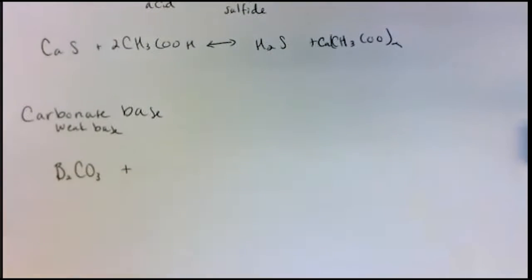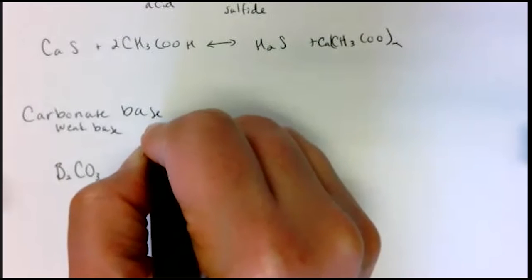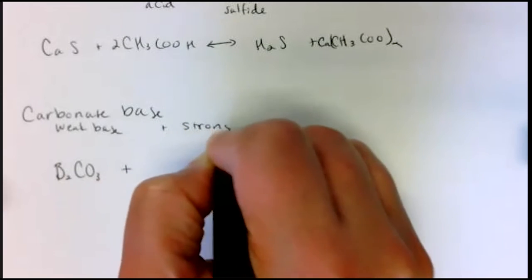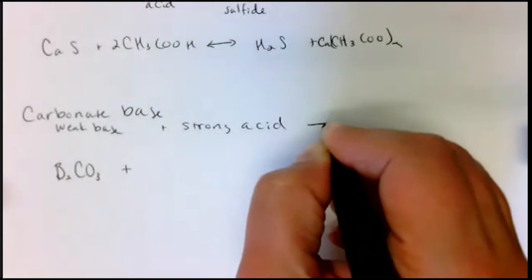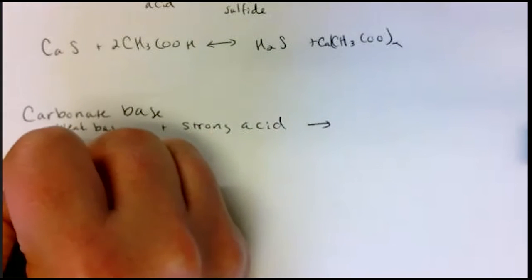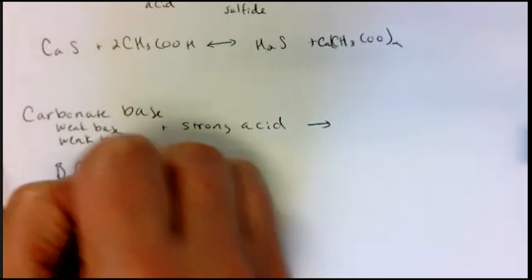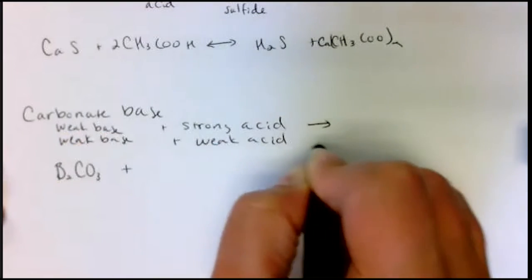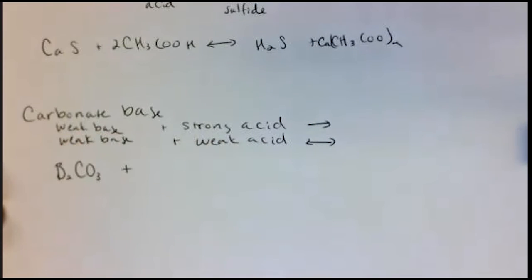Okay, carbonate base. Weak base. If we react it with a strong acid, keep in mind that'll be a one-way arrow. Our carbonate base plus a weak acid, we would have an equilibrium arrow.